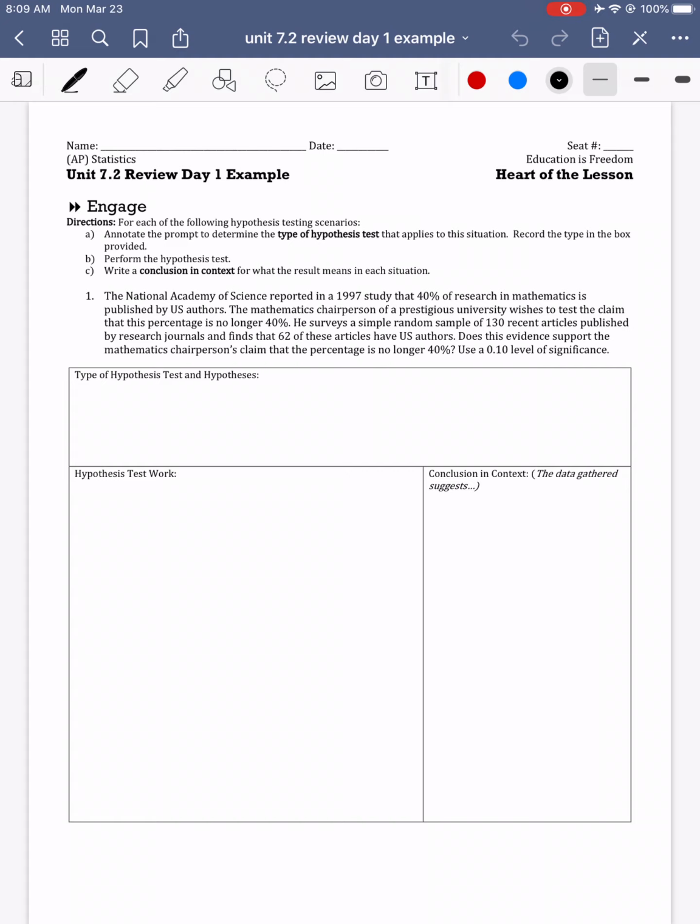We've done one sample proportion, one sample mean, two sample proportion, two sample mean, a paired t-test. We've done the slope regression test and the three chi-square tests. So if I haven't missed any, that's 9 tests total.